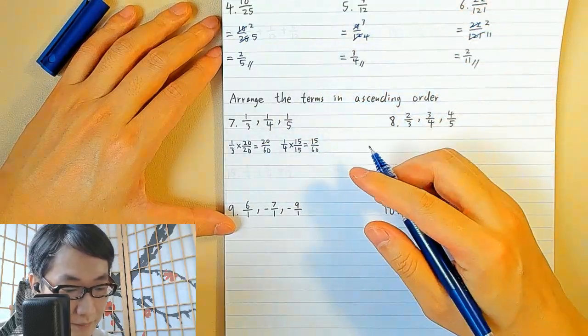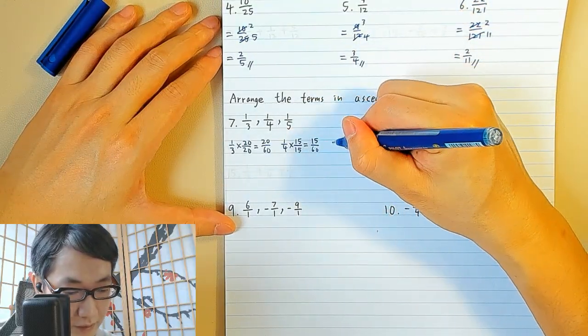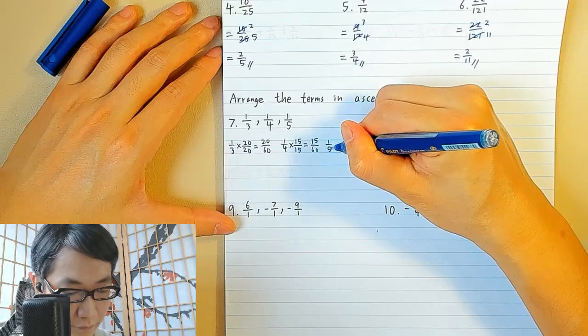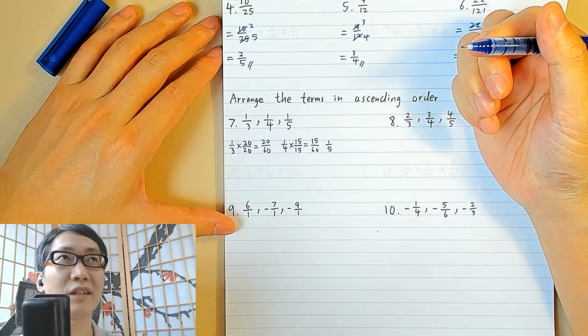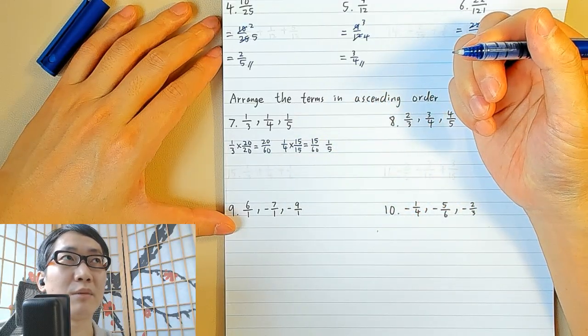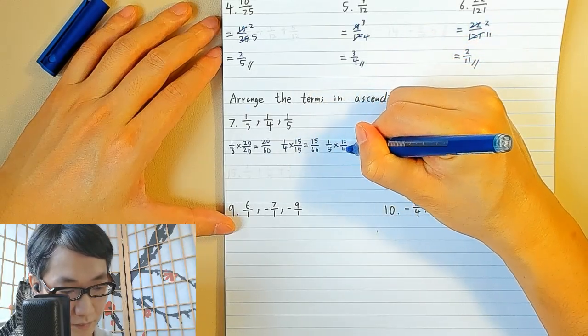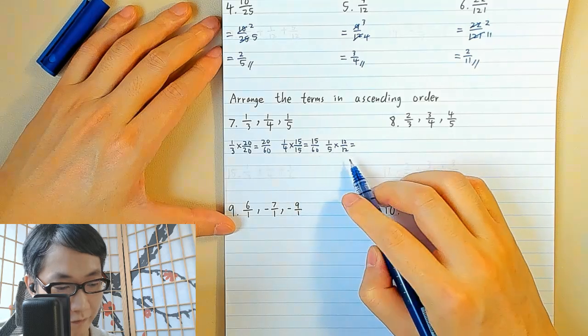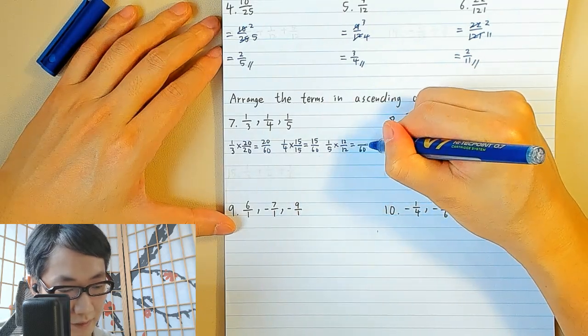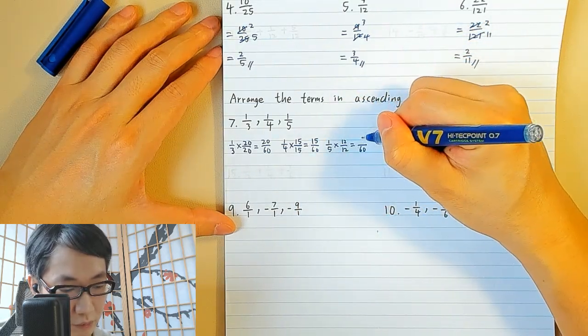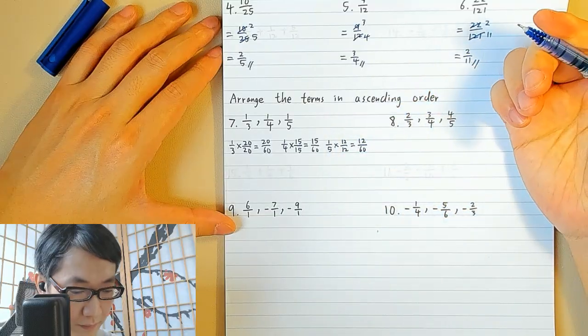And then I'll do it similarly for 1 over 5. If I want to turn it into 60, it's multiplied by 12. So, okay, 5 times 12 is 60. And 1 times 12 is 12.